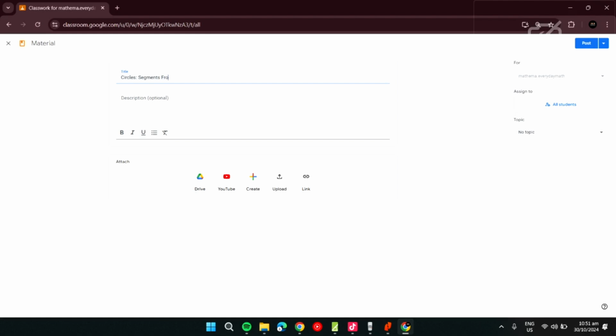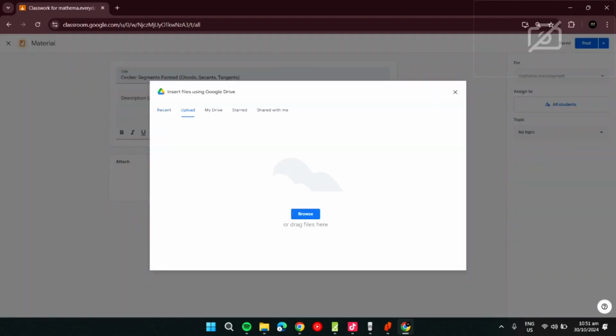Segments for yung chords. Chords. How do you spell chords? Secant. And tangents. Okay. And then upload natin yung file.